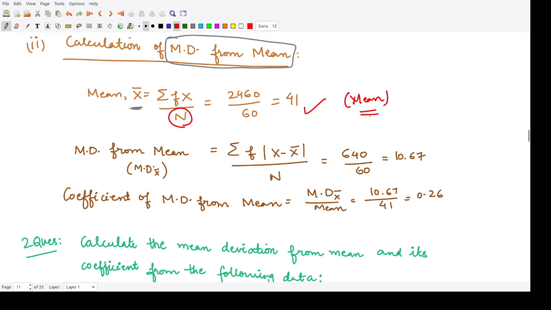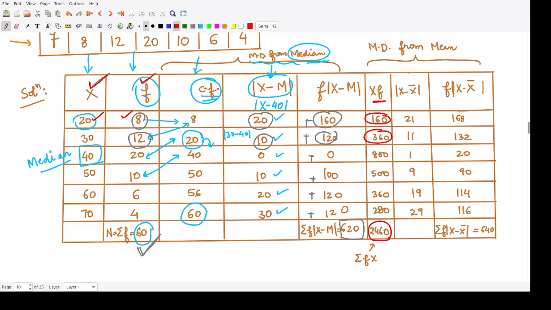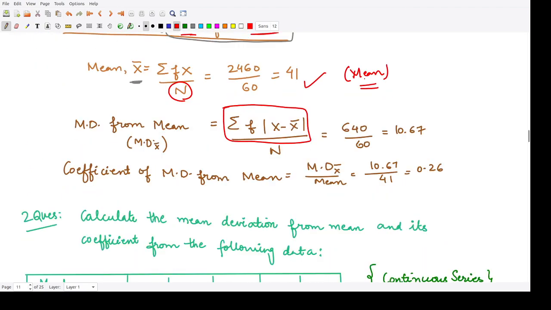Now we will calculate the mean deviation from mean. It is equal to summation f modulus of x minus x bar divided by n. Firstly we will calculate this quantity. For that we construct another column in the table. Firstly we calculate the modulus of x minus x bar. We have this data x, and x bar we have just calculated to be 41.